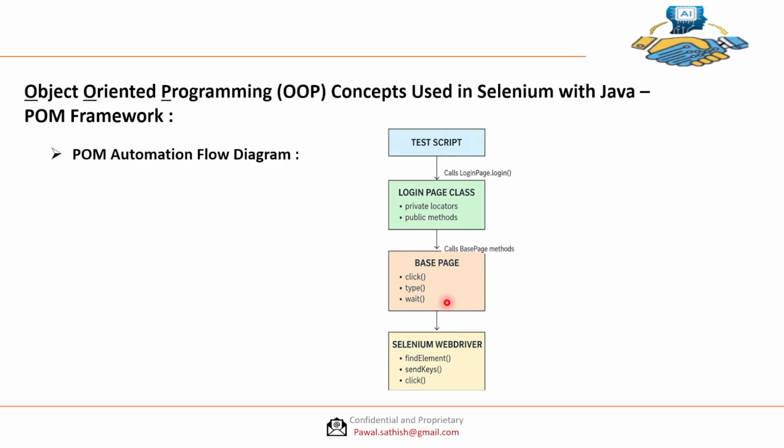Also, the test scripts need not worry about how click, type, and wait are defined. We show only the required things, and that is nothing but abstraction. Here we are calling find element, send keys, and click. So overall, we are using object oriented programming concepts in the POM framework.